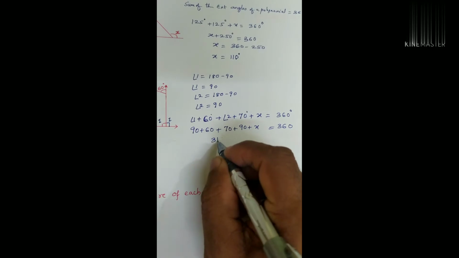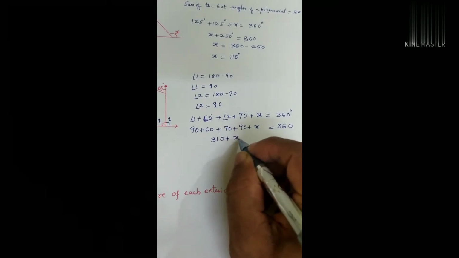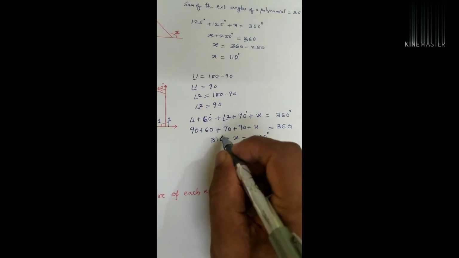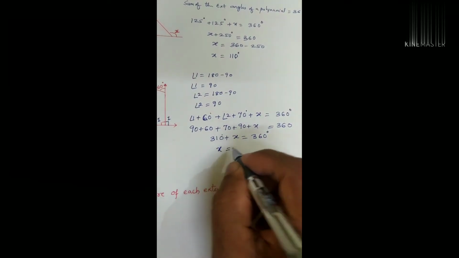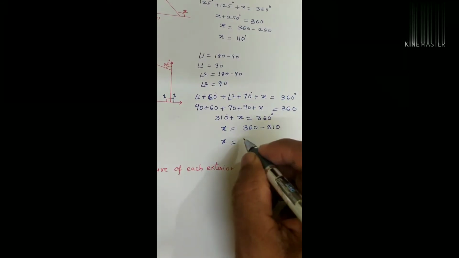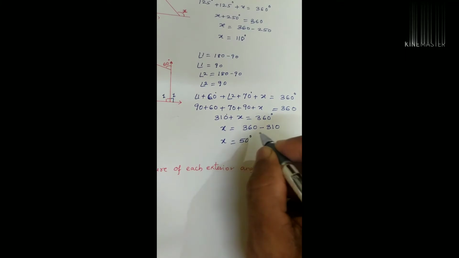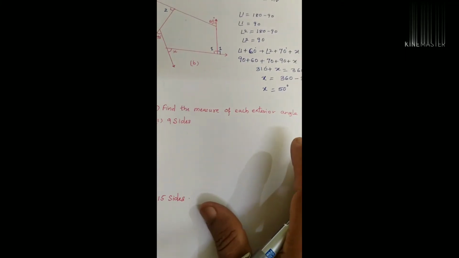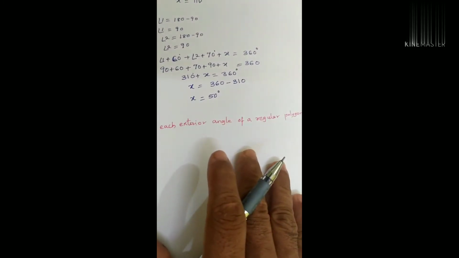So 310 plus x is 360 degrees. So x is 360 minus 310, 50 degrees.